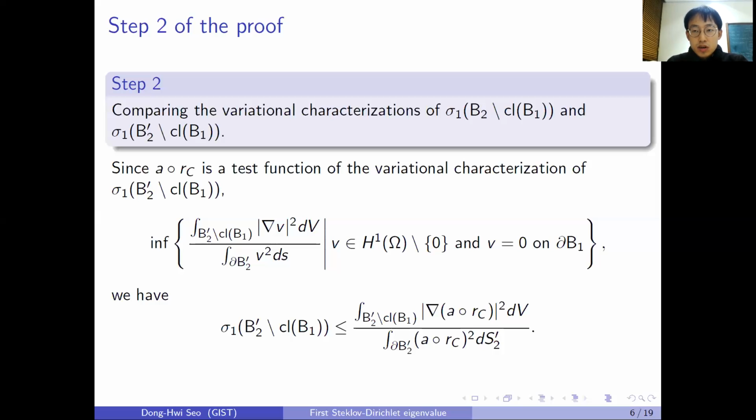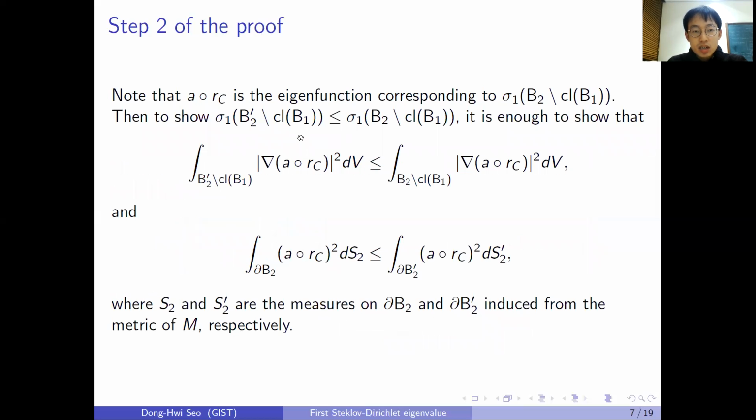So by comparing the two Rayleigh quotients, we can compare the two first eigenvalues and we can show that the concentric annulus has maximal eigenvalue.